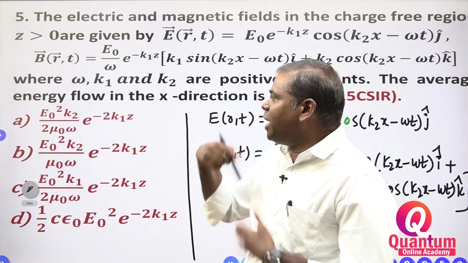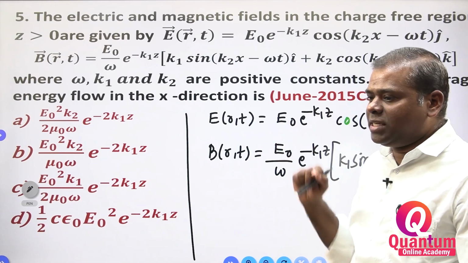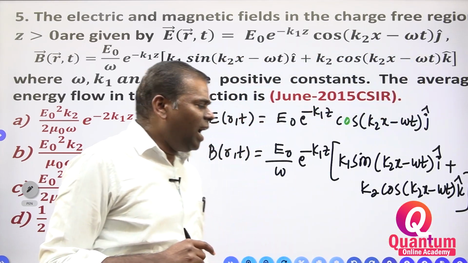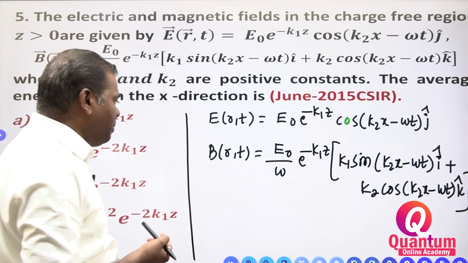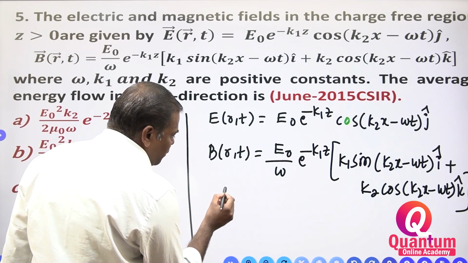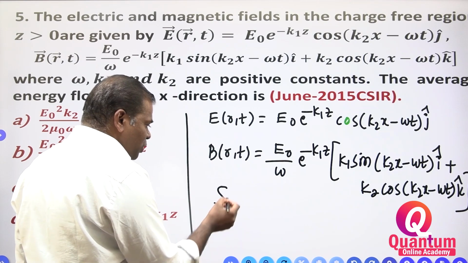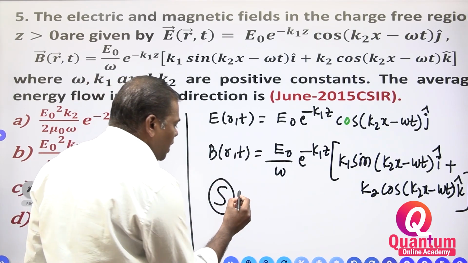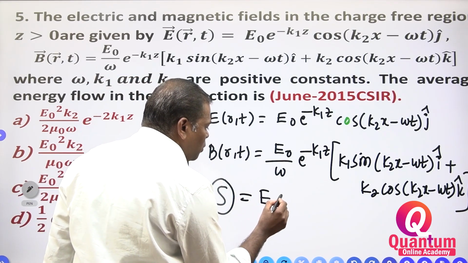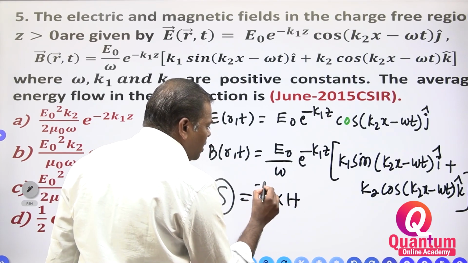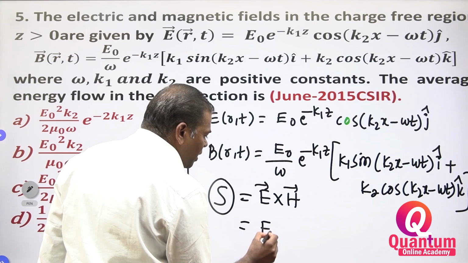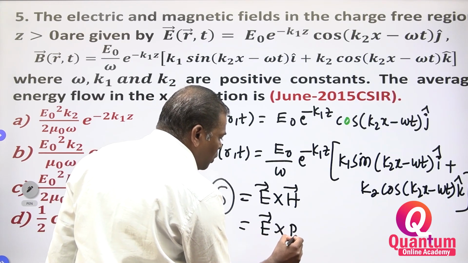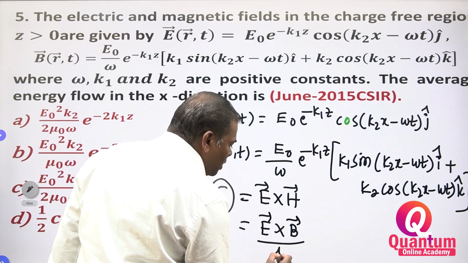The average energy flow in the x direction they are asking. The average energy flow in the x direction means along the I cap direction. Average energy flow: first you have to find the Poynting vector. Poynting vector is equal to E cross H, H is the magnetic field. E cross H is equal to E cross B by mu naught.